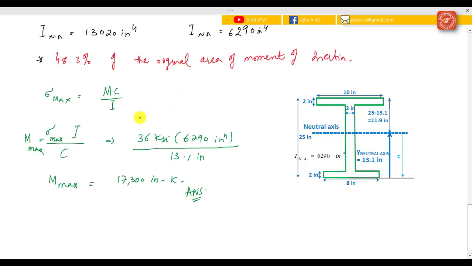Substituting all the values that we calculated above, I is 6,290 inch to the fourth, and c is the distance from the neutral axis, 13.1 inches, and sigma max is given in the problem as the steel strength, 36 ksi. After solving, you would find M max equal to 17,300 inch-kips, and that would be the answer. Thank you.